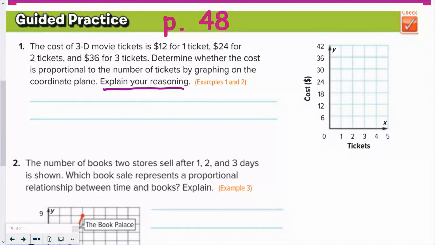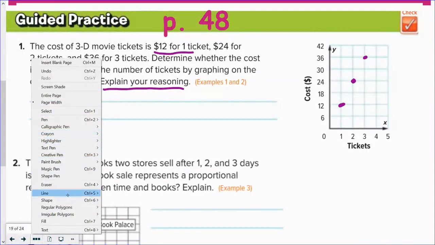First let's graph our ordered pairs. For 1 ticket, we are spending $12, so that's our first ordered pair. For 2 tickets, it is $24, and for 3 tickets, it is $36. Now let's make our line.